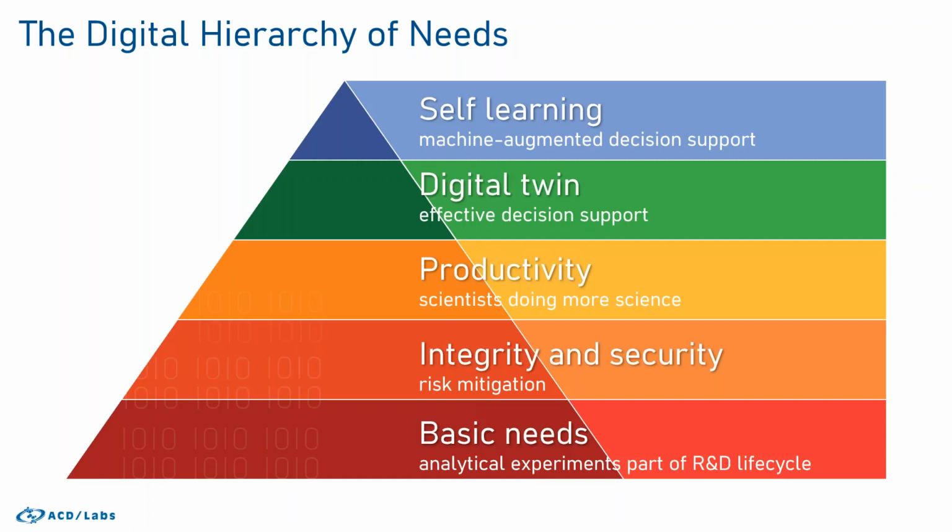You have systems for integrity and security, whether it's databases or other types of security systems that will mitigate risk. You have productivity, so the actual systems and applications that the scientists will use, right? Whether it's acquisition software, processing software, ELNs, etc.